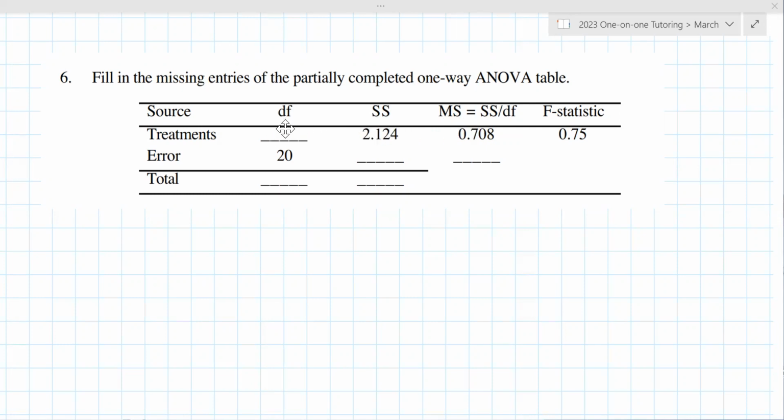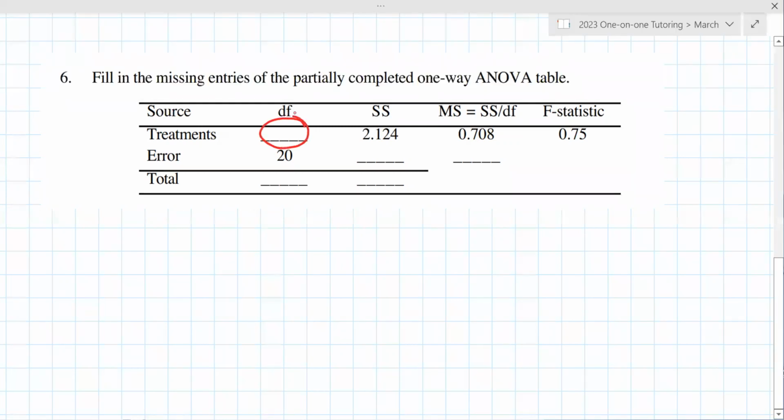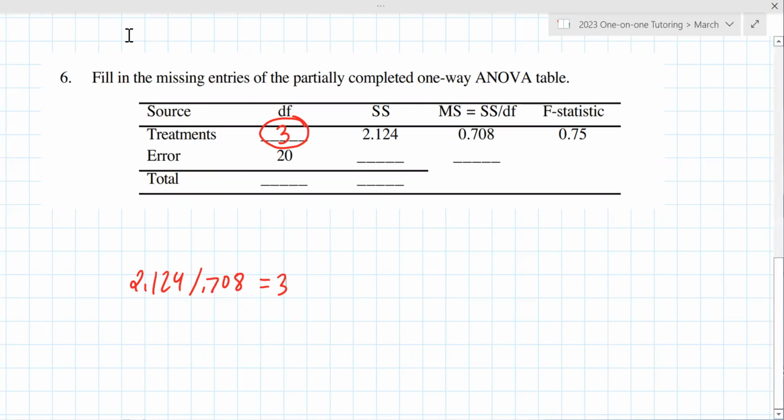For the treatments, I'll color code this so that you can look back later. Find this number right here: it's 2.124 divided by 0.708. Now there's another way that you could do it. You could be given a prompt where it says that there were 3 groups, 8 each.